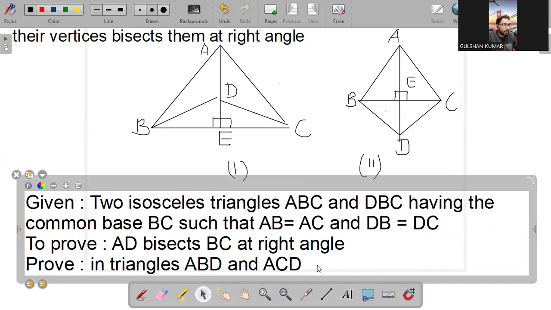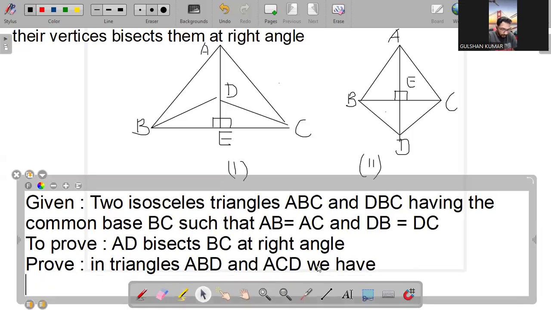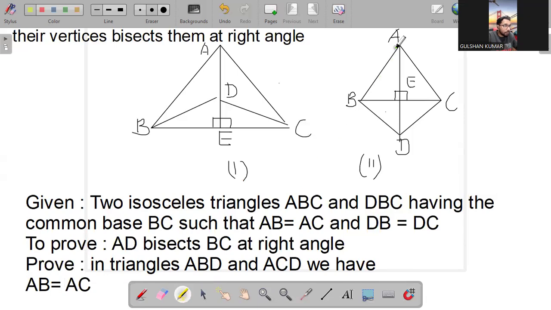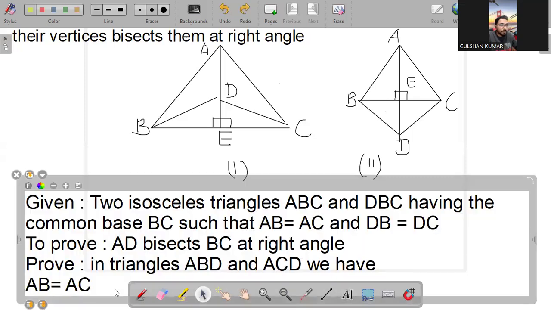Now we are taking both the triangles, ABD and ACD. We have AB equals AC. First of all, this triangle we are taking here, and the second one is this triangle. I have marked both the triangles so that we can clearly see it.